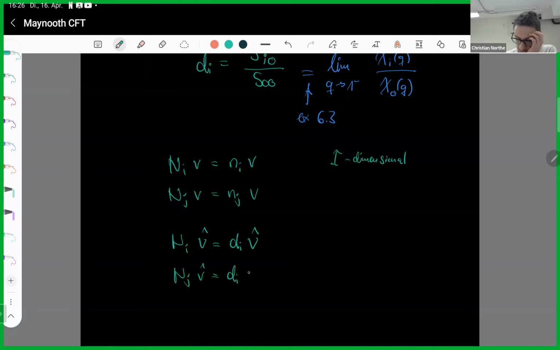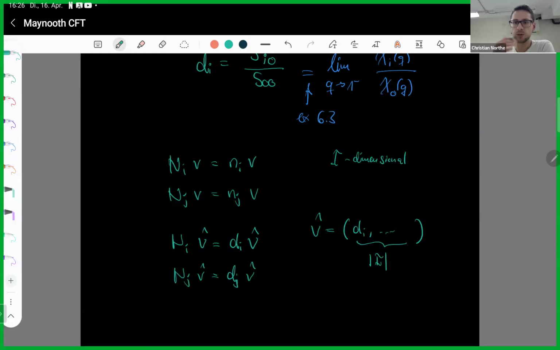Mathematicians, you can show that there's a theorem called the Perron-Frobenius theorem. And there you show basically that this vector V hat has entries which are the quantum dimensions, d I. Well, let's just write like this, and this is a number of entries, which is the cardinality of the set of conformal families.